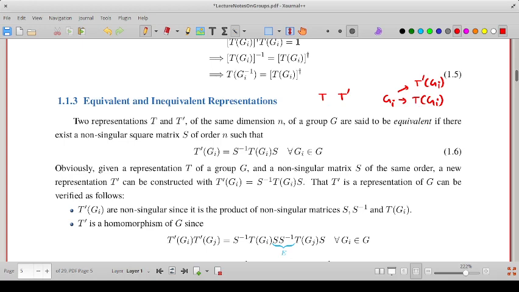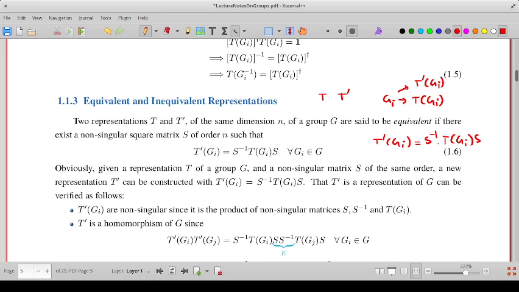Suppose T and T dash are representations of dimension n, and they will be called equivalent if there exists an n by n non-singular square matrix S such that for each Gi, T dash (Gi) is equal to S inverse T(Gi) S. So for all group elements Gi, the same matrix S should satisfy this condition.